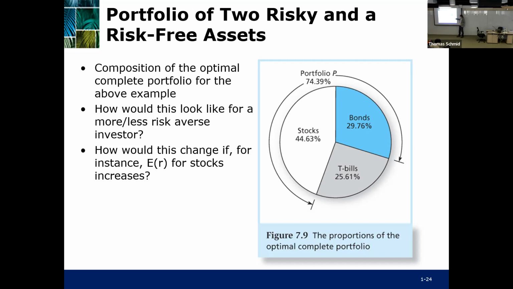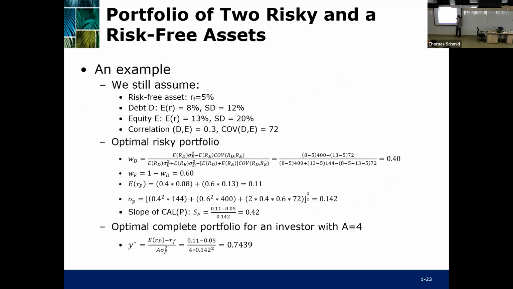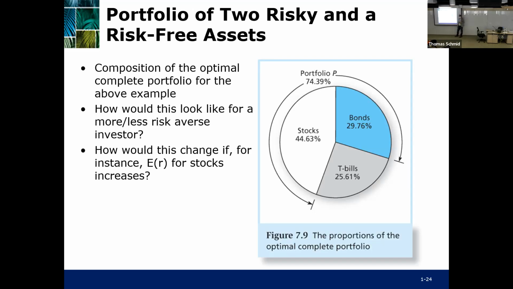Right? If we have more risk aversion, treasuries would go up. But the optimal risky portfolio P would not change. It would always be 40% debt fund, 60% equity fund. The only thing that would change is how much we invest in the risk-free asset if we adjust the risk aversion. Right?